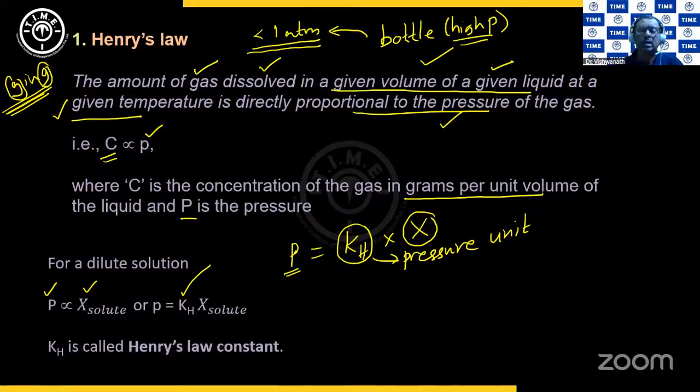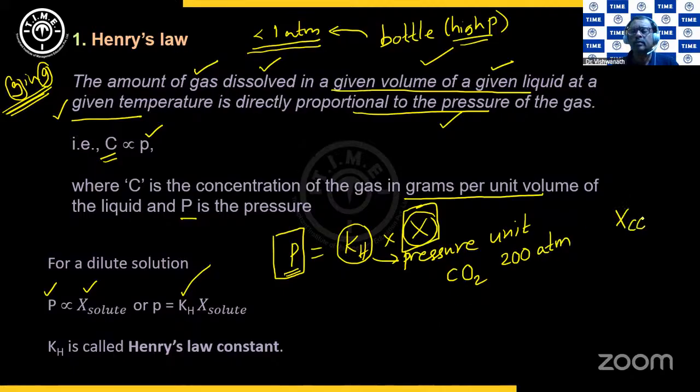One more thing that you will identify here is that at a particular pressure, there is a particular solubility. Suppose I have carbon dioxide gas at a pressure of, let us say, 200 atmospheres, and we want to find out the mole fraction of carbon dioxide.